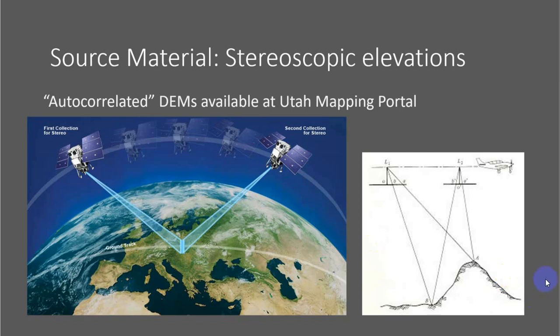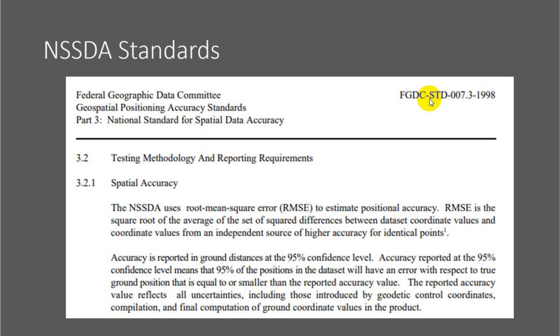And those are places of thick vegetation where the ground couldn't be detected, and the surface was sort of just interpolated and guessed at. So the data from the mapping portal in Utah for these autocorrelated DEMs comes with a great big warning, and you should take that very seriously.